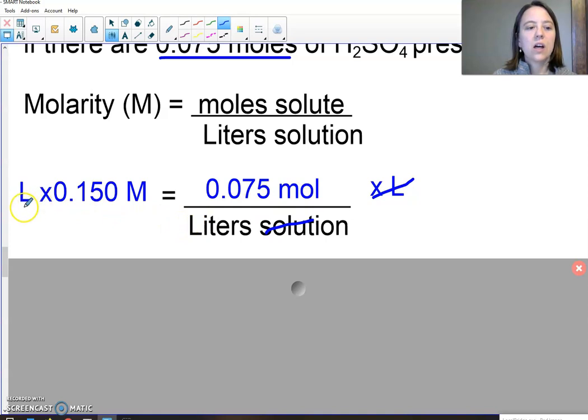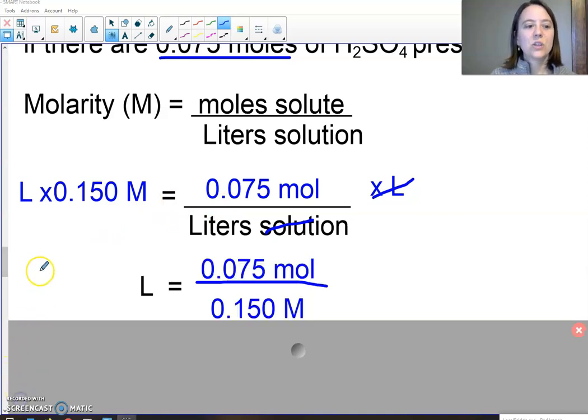We want to get L by itself, so we're going to divide each side by 0.150 molar. When we divide this side by 0.150 molar, that cancels and we're just left with L. And then on this side, we get 0.075 moles over 0.150 molar.